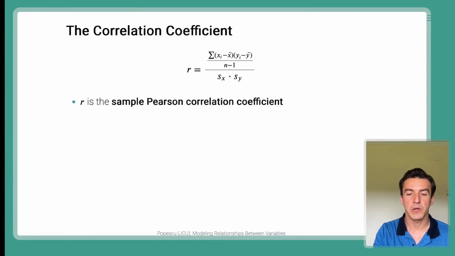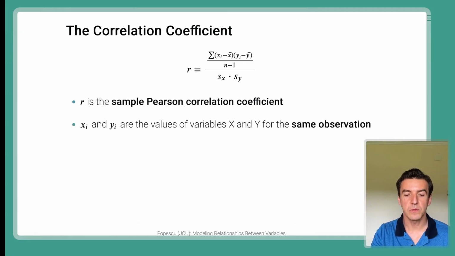So let us look more carefully at this formula. Small r represents the sample Pearson correlation coefficient. There is a different symbol for population correlation. That will be a rho, but we're not covering this in this lecture.